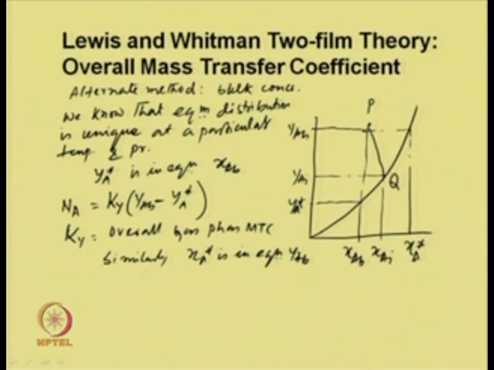So, we can write NA is equal to capital Kx (XA star minus XAB).